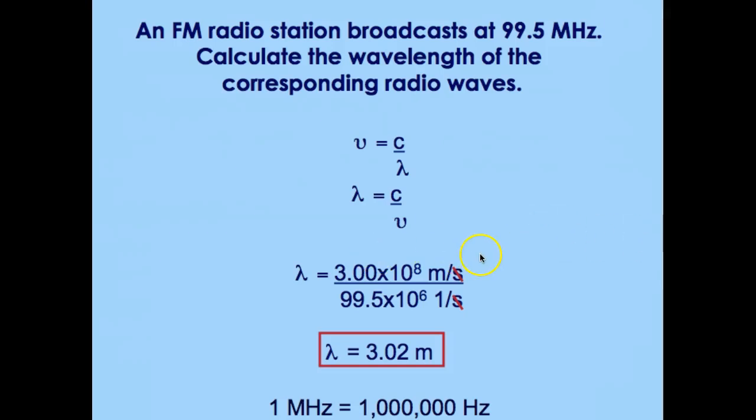So there's your speed of light, there's your frequency. We divide the two. 3 sig figs in your frequency, so you want 3 sig figs in your wavelength. And if you want to write frequency as an f, that's fine with me. It does not matter. So you can see that the wavelength for a radio broadcast is pretty long.